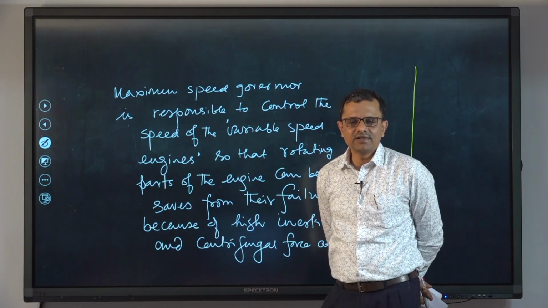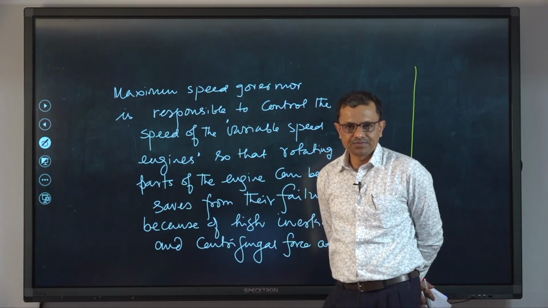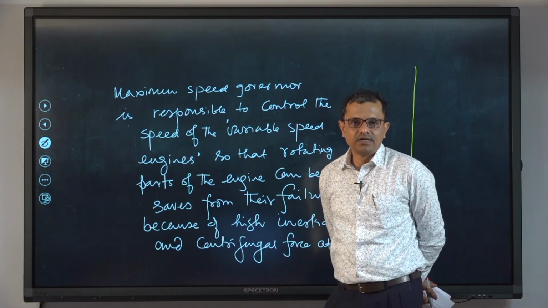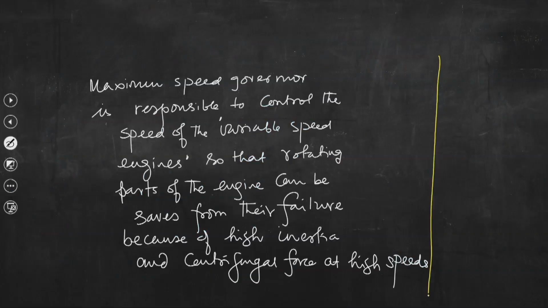Now, even for the variable speed engines there must be a minimum speed governor. So again here we need to have a minimum speed governor. Let me tell you, if the engine is a variable speed engine, there must be two different types of governors.